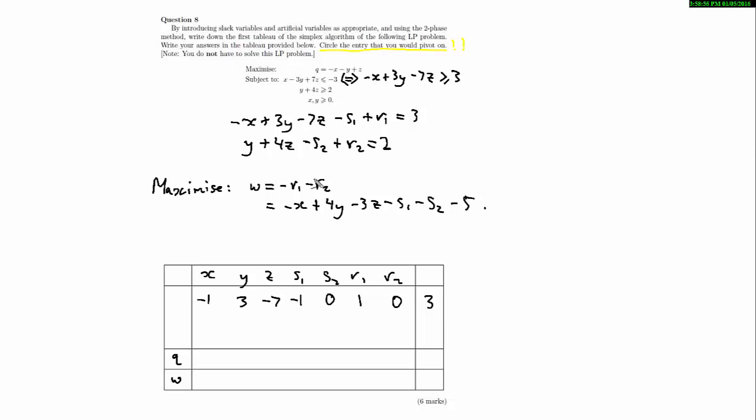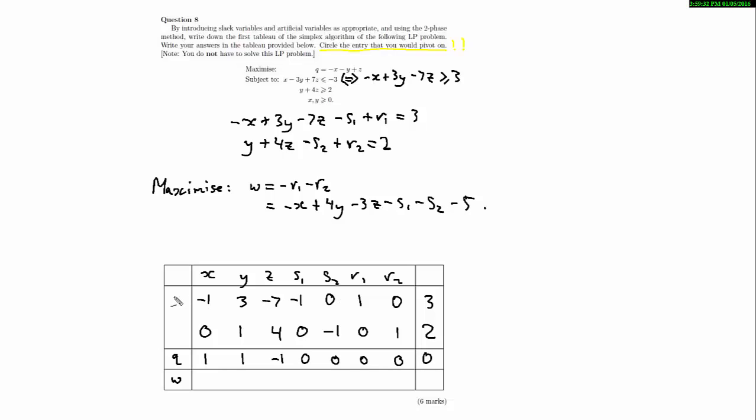And now our second constraint, we have 0 for x, 1 for y, 4 for z, 0, minus 1 there, 0, 1, and 2.